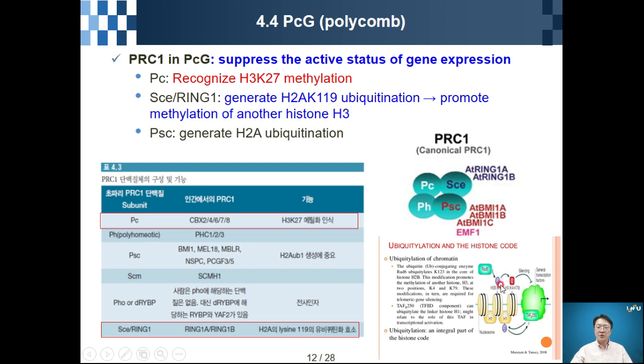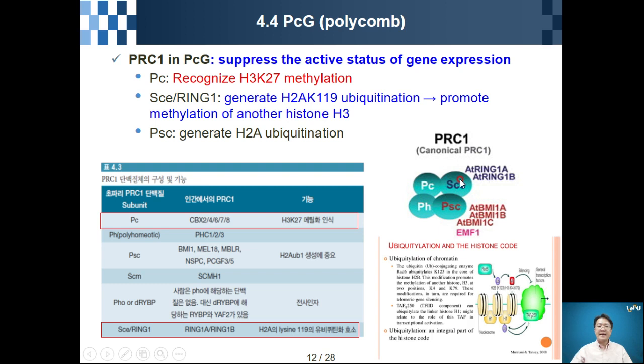This ubiquitination promotes the methylation of another histone, histone H3. Finally, after the histone H3 methylation, it can suppress the active status of gene expression.